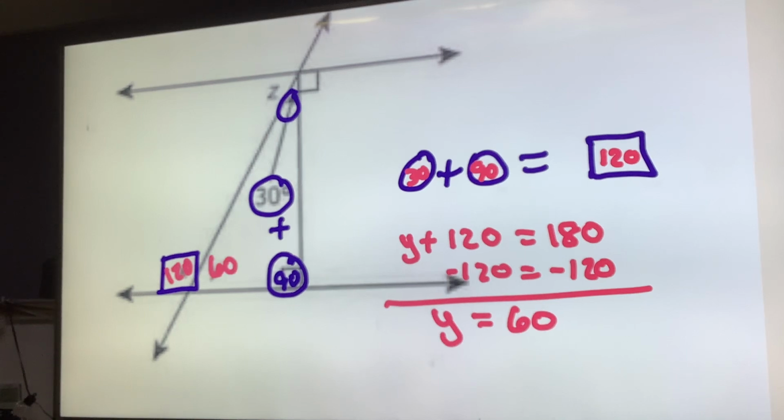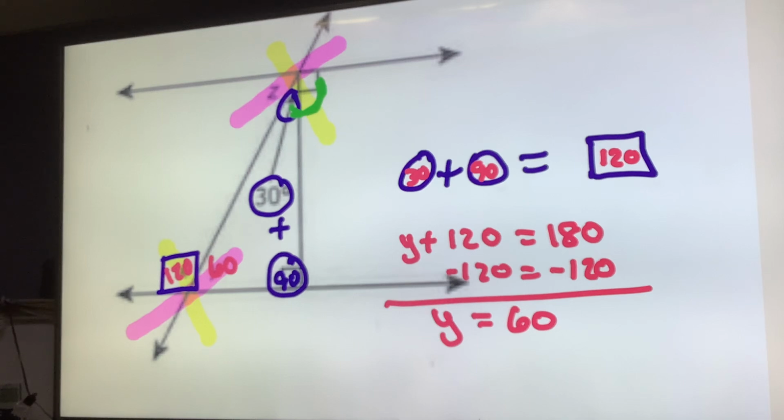Then I could go to what I learned yesterday also with my transversals, and I could color code. Now, when you're looking at this right here, just so you know this, these two angles are going to equal each other.